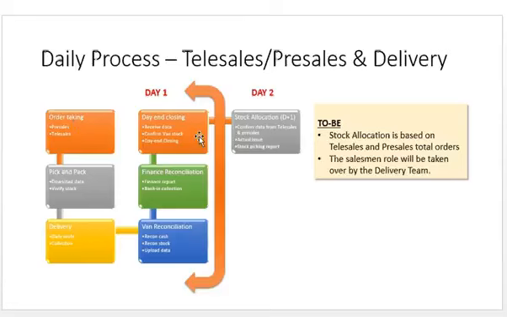During the previous day's day-end closing, when they do the confirmation of the van stock, there's an additional step that they will do. They will be looking at the total pre-orders coming from pre-sales and telesales, and then summarize them for the stock allocation.